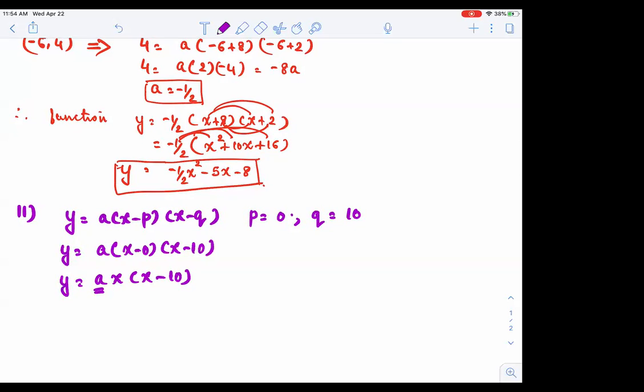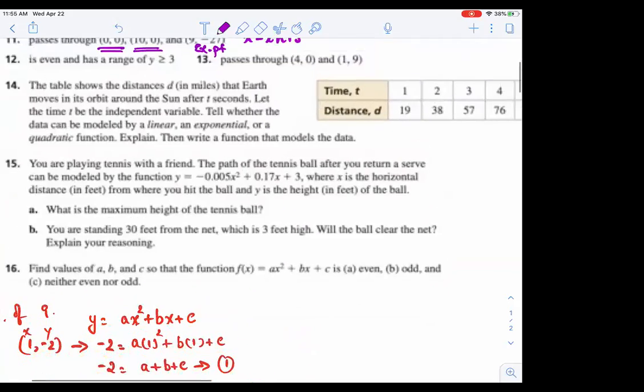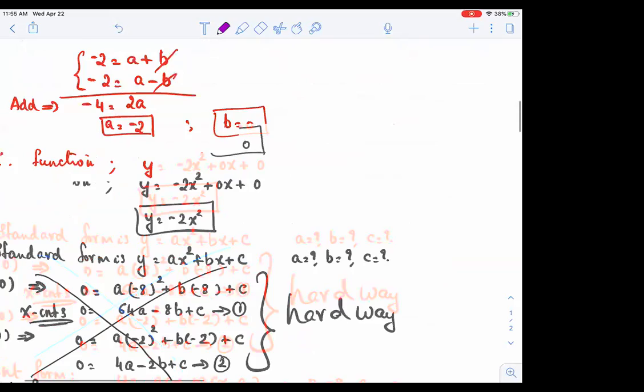Very good. What is that extra point actually? 9 comma negative 27. Okay.